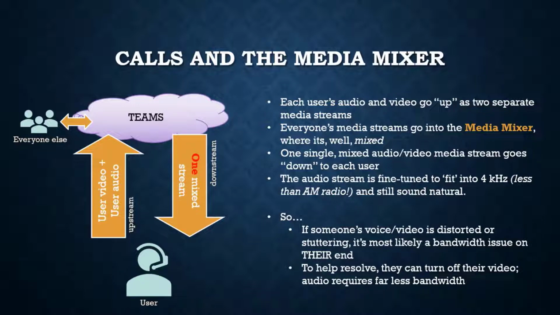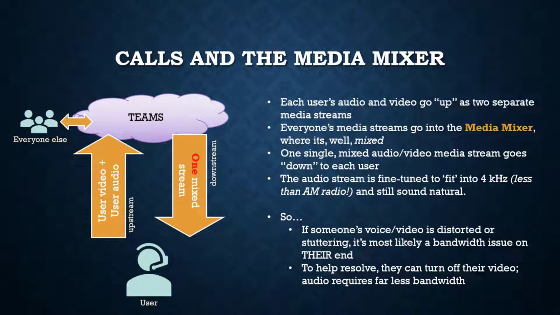Everyone's media streams, all the audio, all the video, goes into the media mixer, and it's pushed back down to everyone as a single stream, so that they just get that one easy-on-the-bandwidth stream to listen to or to watch.